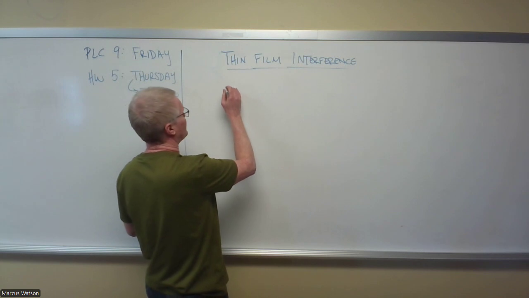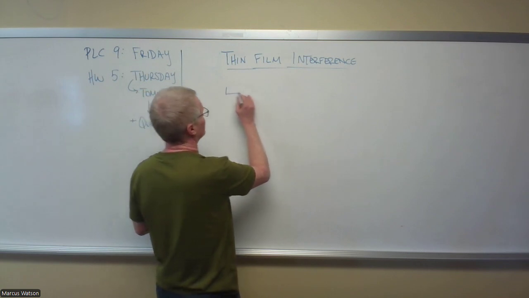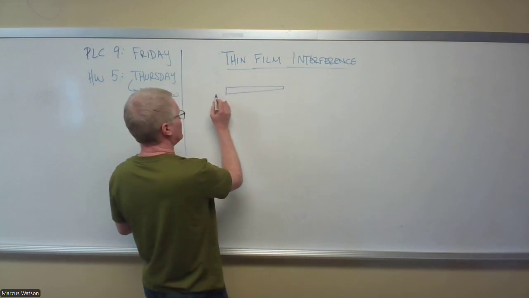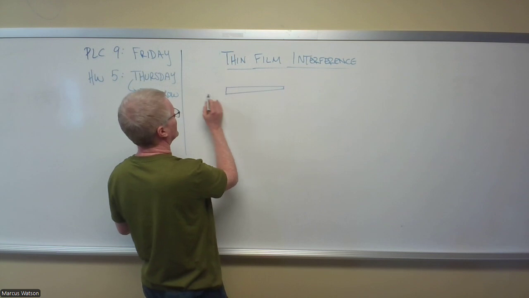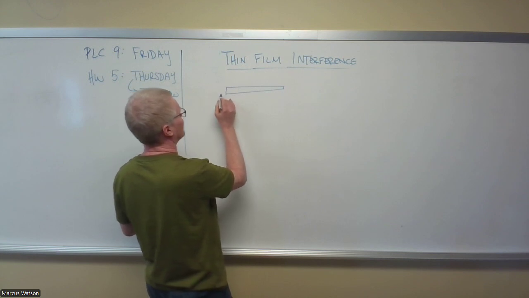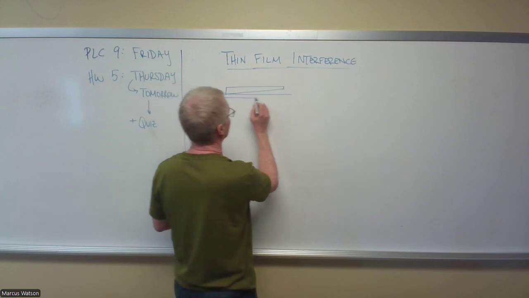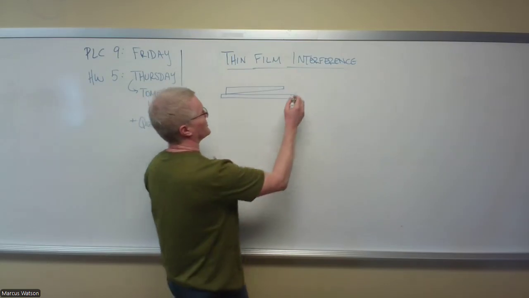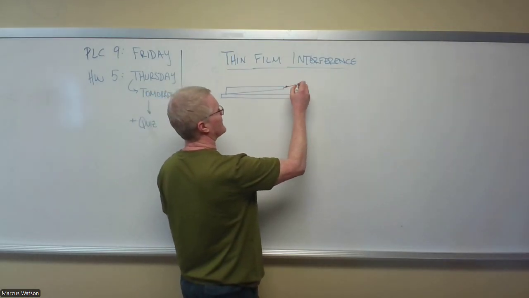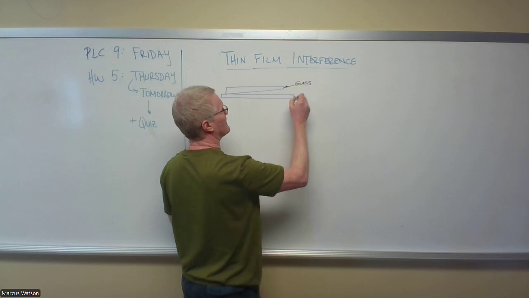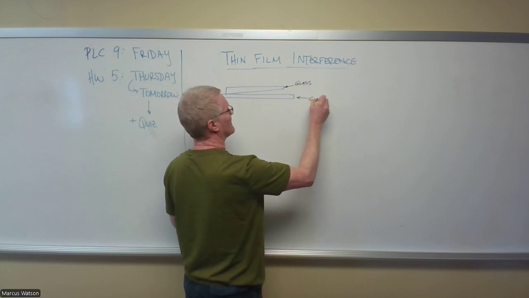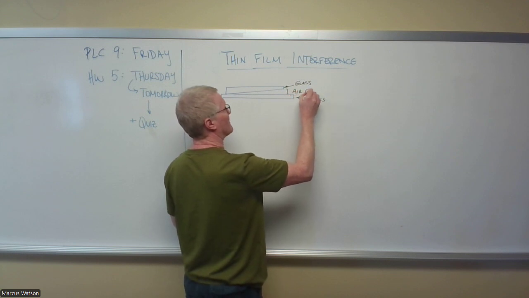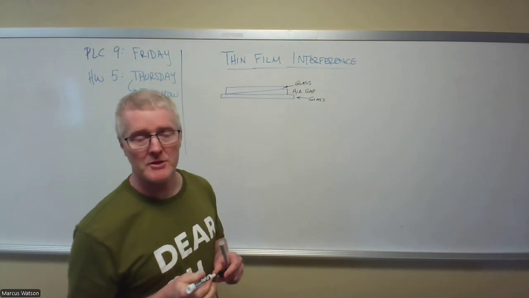You might have a piece of glass that's shaped something like this, resting on top of a piece of glass that's shaped like this. If these are both glass, then this is an air gap in between the two pieces of glass.